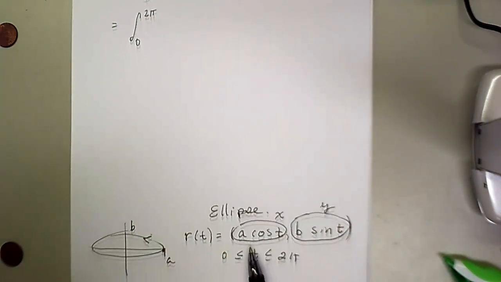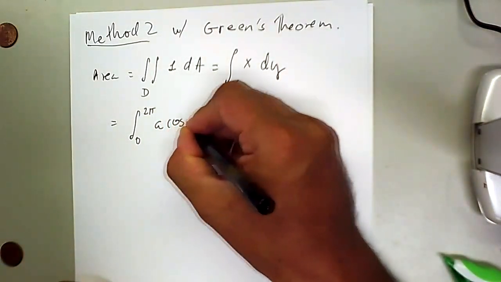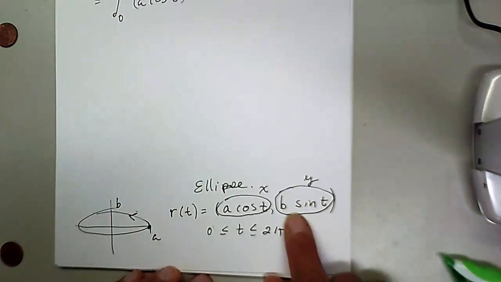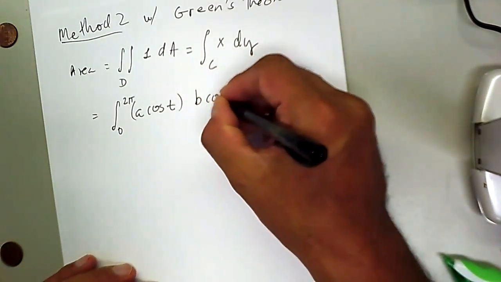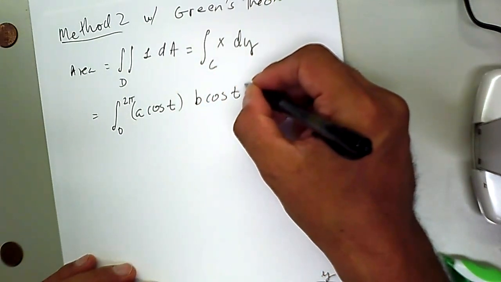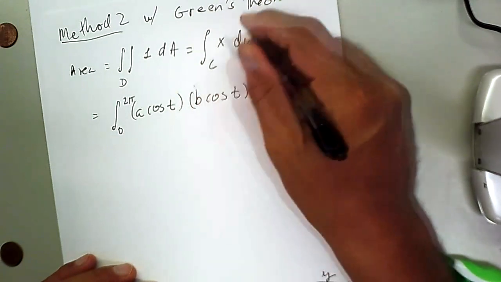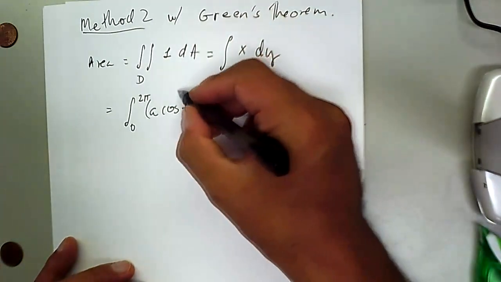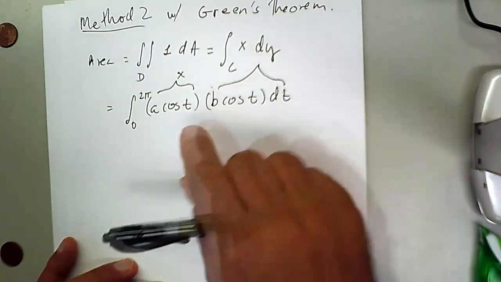Oh, x is a cosine t, that's x, dy. This is y, so dy would be b cosine t dt. So mind that those two make up dy, and this is x.